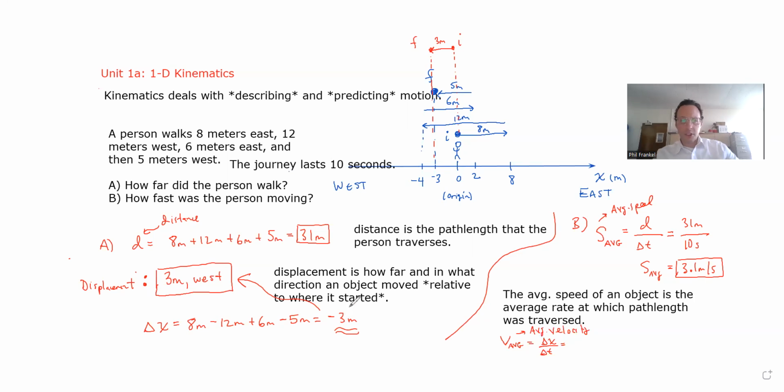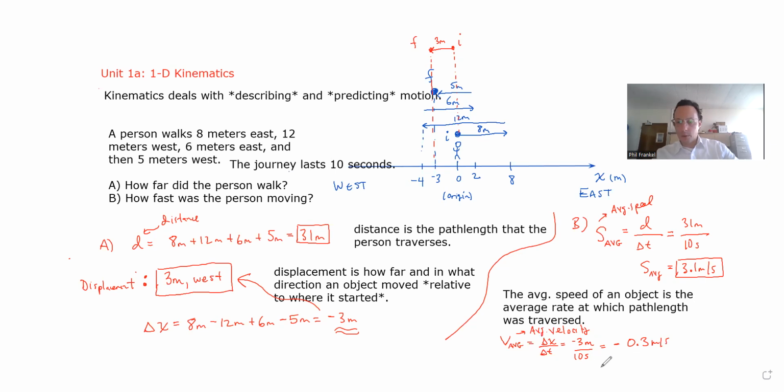So the change in the x-coordinate, remember, was -3 meters, and the change in time is 10 seconds from the start to the end of the journey. So we get -0.3. Look at the units: meters per second. So -0.3 meters per second.